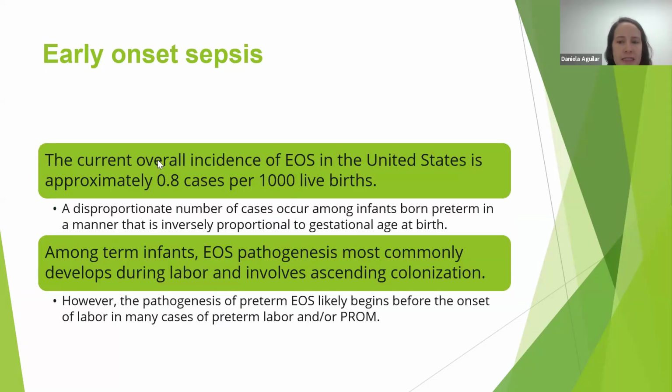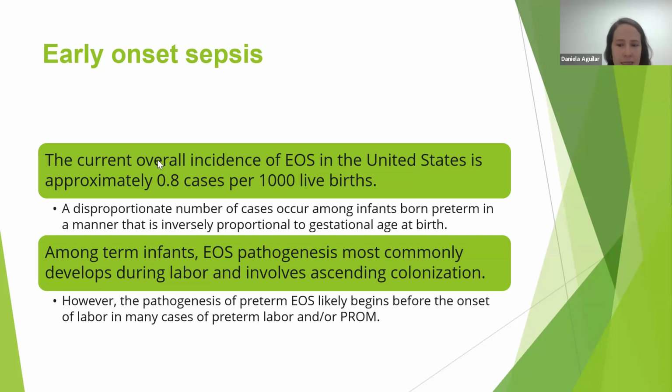The current overall incidence of early onset sepsis in the United States is 0.8 cases per 1,000 births. A disproportionate number of cases occur among infants born preterm, in a manner that is inversely proportional to gestational age at birth.